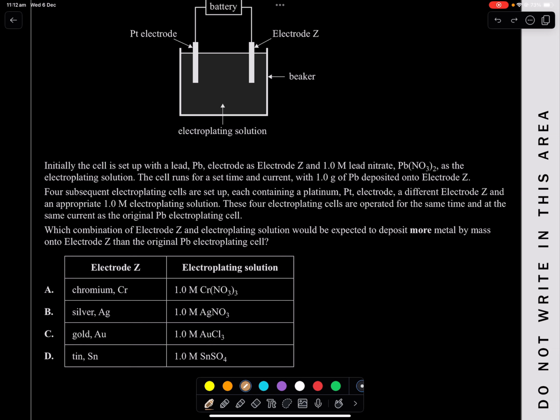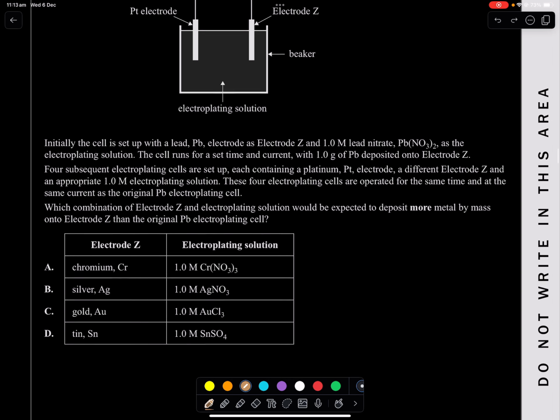Which combination of electrode Z and electroplating solution would be expected to deposit more metal by mass onto electrode Z than the original Pb electroplating cell? Okay, so we want a greater mass, which of these will give us greater than 1 gram deposited onto electrode Z.